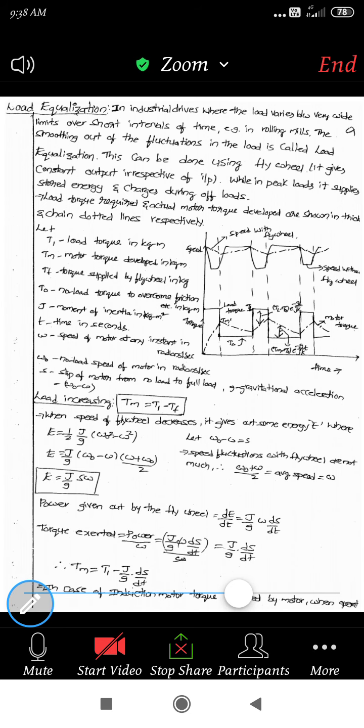Whenever the industry or the machine completely maintains equal load, only then can you call it load equalization.